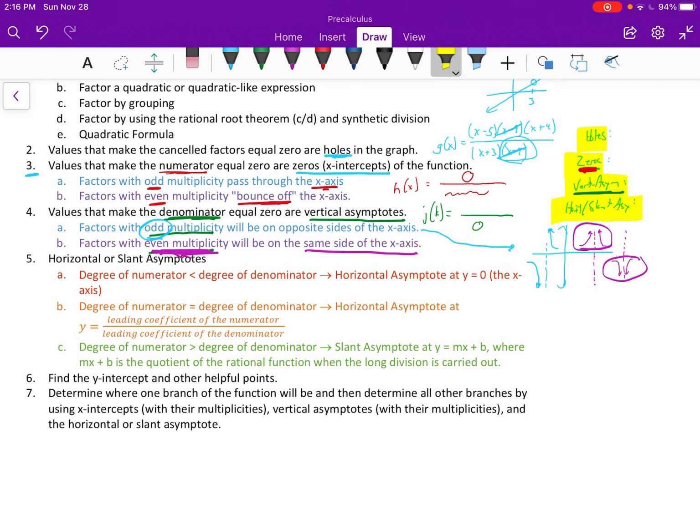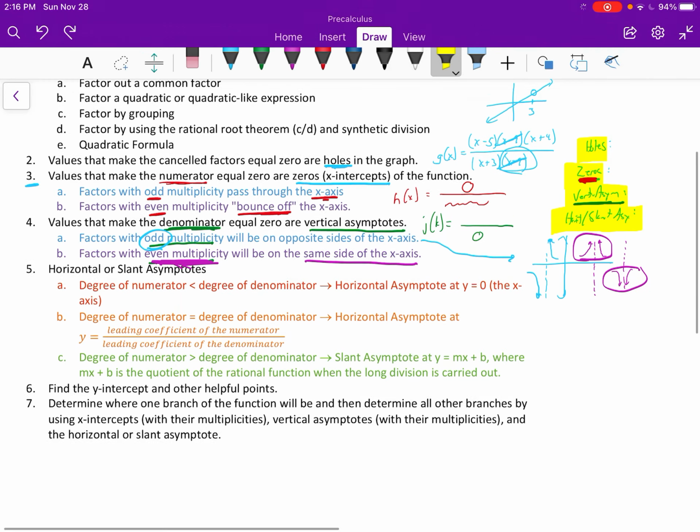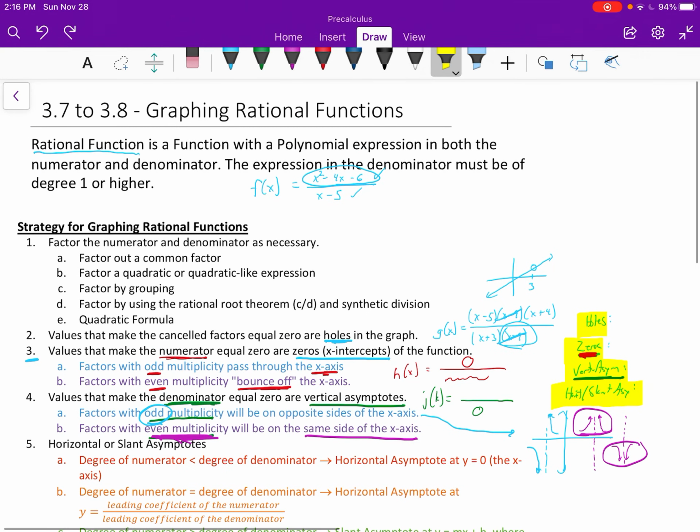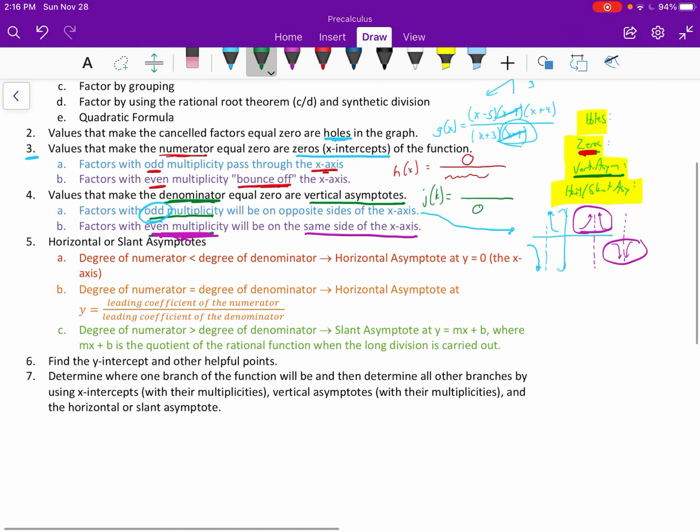So if you had, let's even go up here, the degree of this numerator here is 2 because the highest exponent there is 2. And then the degree of the denominator is 1 because there's an understood 1 there, and that's the highest degree of the denominator. So that's what we're talking about, degree.